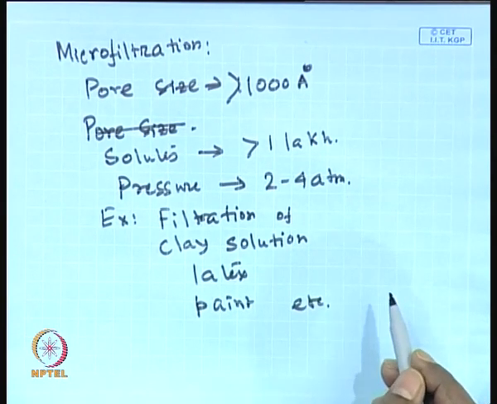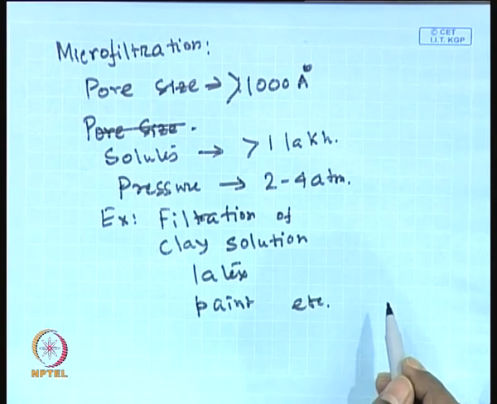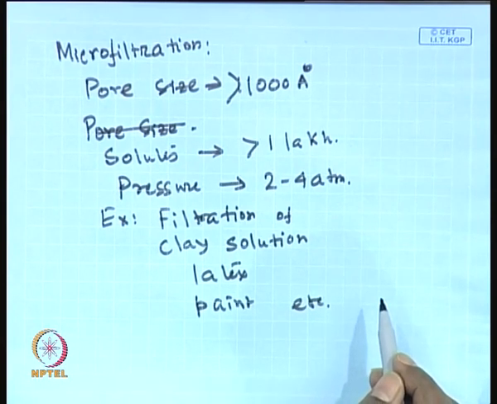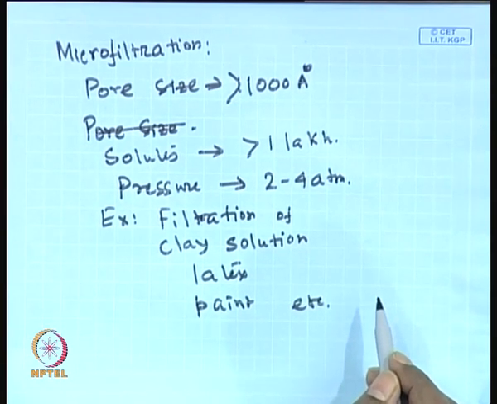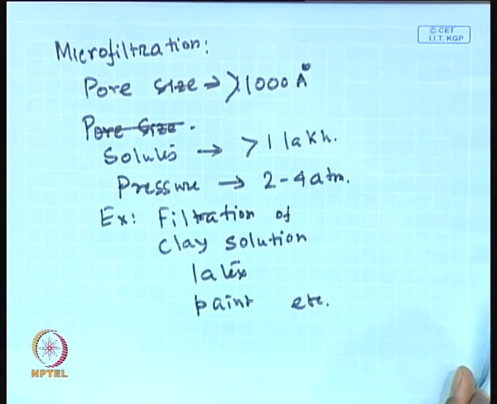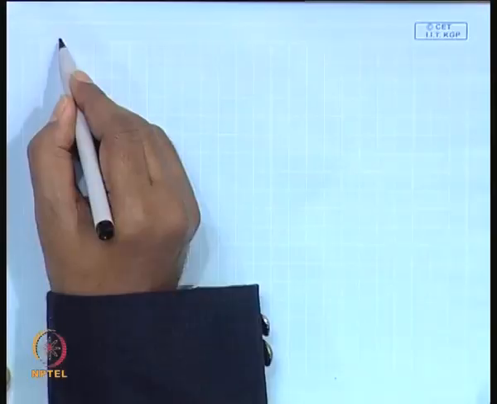Now, once we categorize various membrane based processes, we will go for certain definitions which are pretty important whenever we will be doing the design, and we will be discussing various processes in the later half of the course. So, let us look into some of the useful definitions.